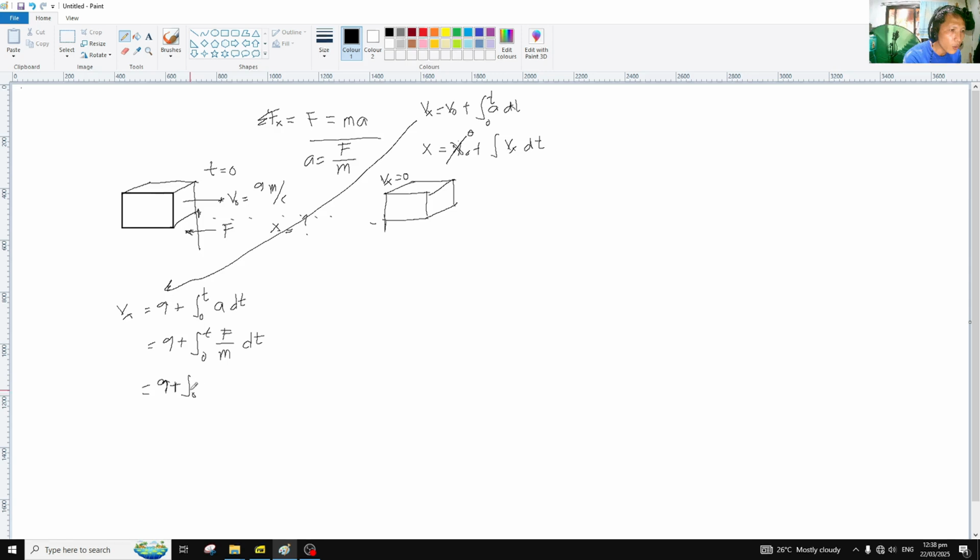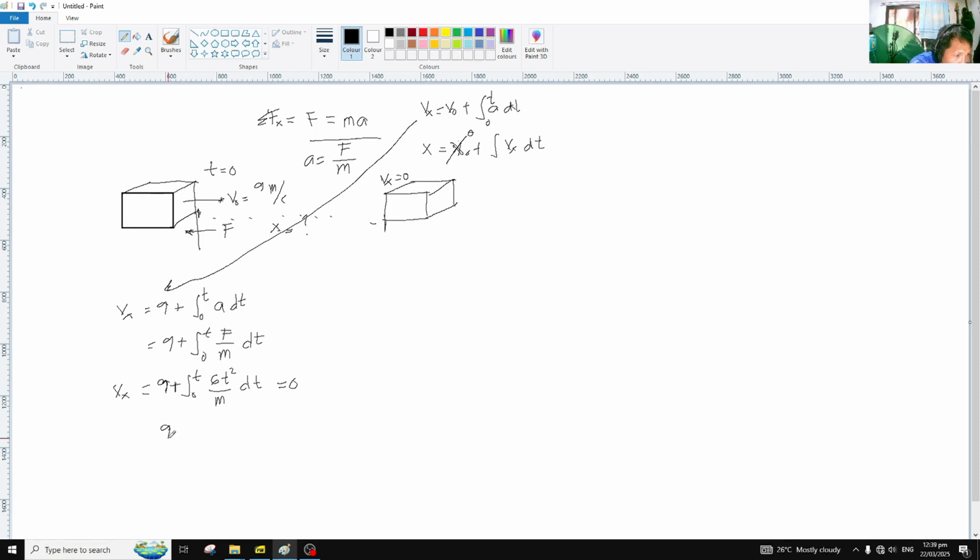So you have integral from 0 to t of 6t squared all over m dt. Okay, that is your vx. So you don't have a time actually, but you can solve for that time because you have already your equation for vx. I mean, setting this vx to 0 before it stops. You can compute for that time. Before it stops, what is the time it takes from this point before it stops? So that's what it says.